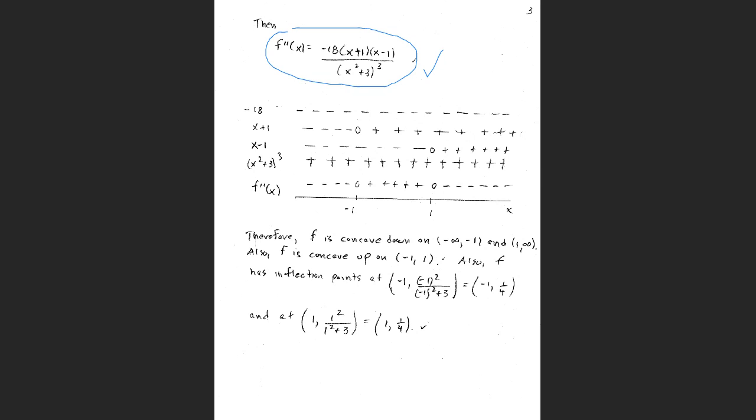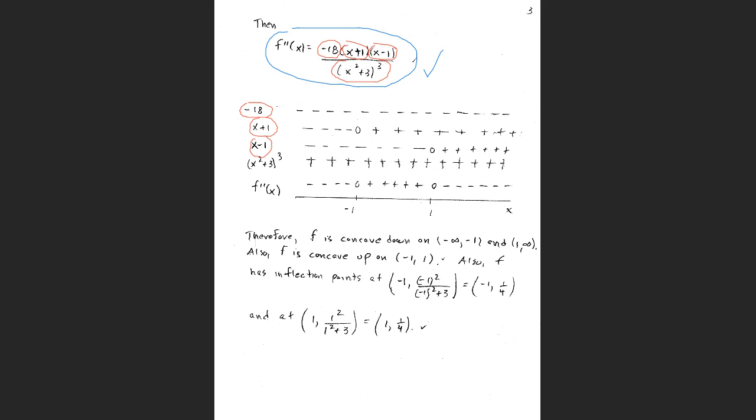Okay, so the second derivative, this is as good as we're going to get, has 1, 2, 3 factors on top, and then you're dividing by this x squared plus 3 cubed on the bottom. So that means I'm going to write each of these components down.